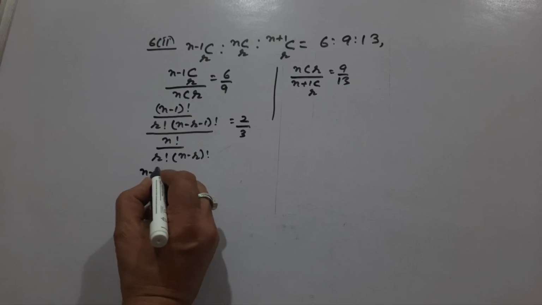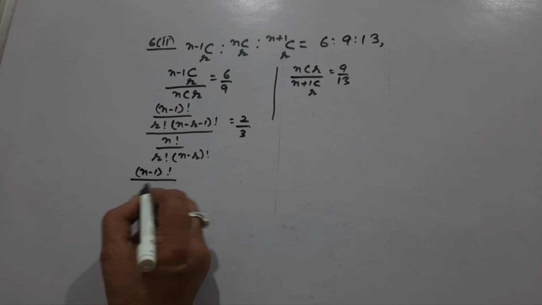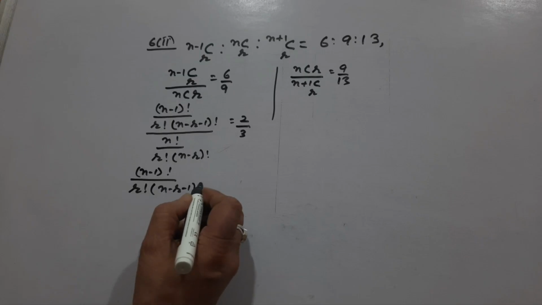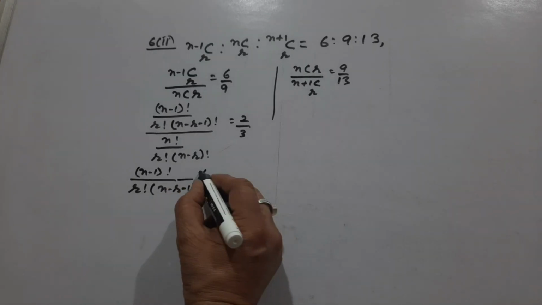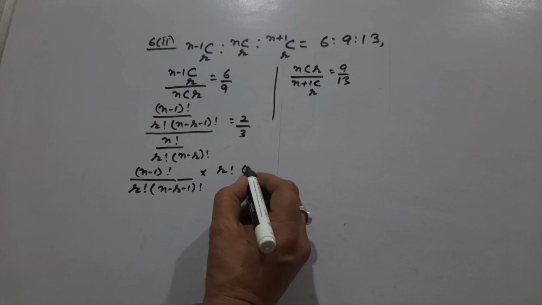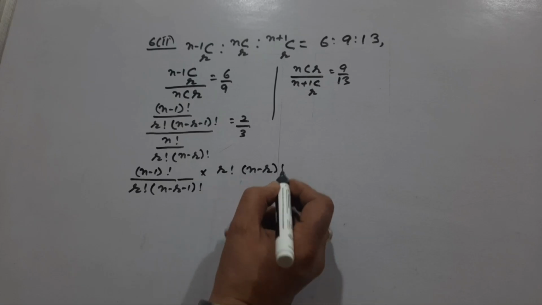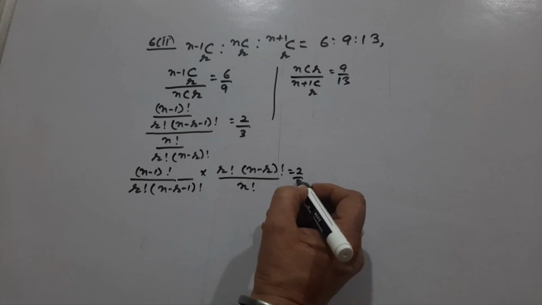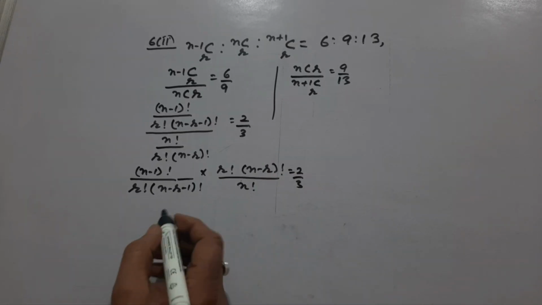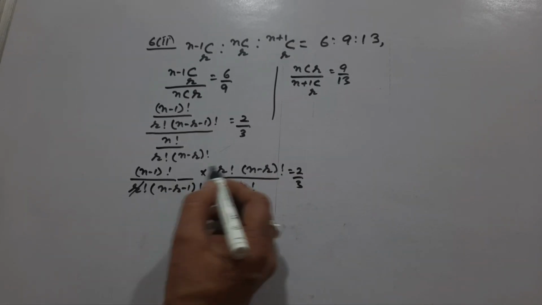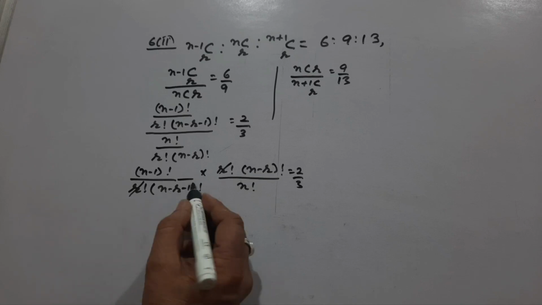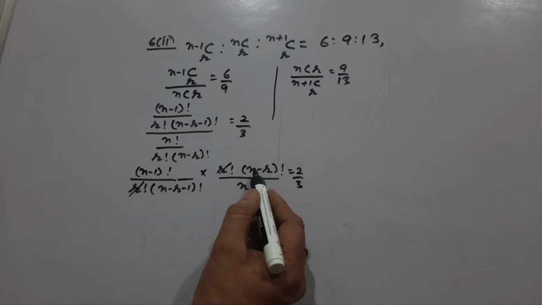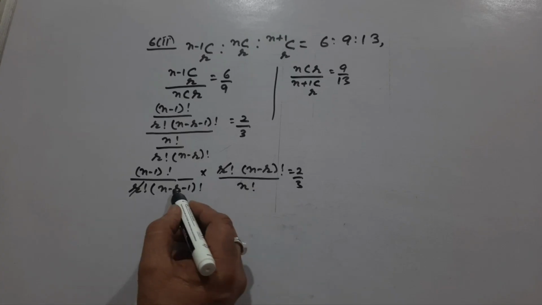Now we can write like this: n minus 1 factorial upon r factorial n minus r minus 1 factorial into r factorial n minus r factorial upon n factorial equals to 2 by 3. Now cancelling r with r, right? Then here we have n minus 1 and here we have n, and here we have n minus r and n minus r minus 1.